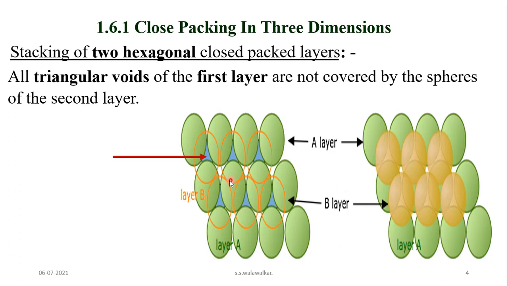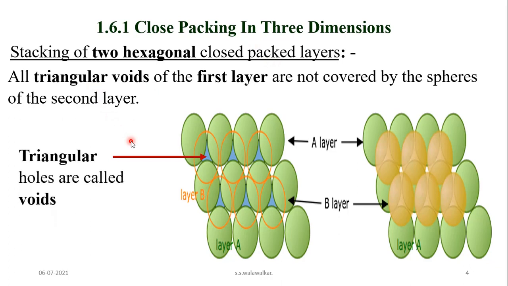Such two types of voids are formed when two hexagonal close packed layers are stacked or placed over one another.